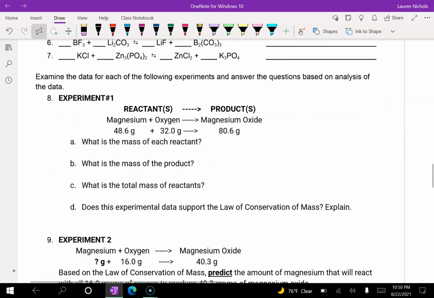And then in this part, okay, you're going to answer the questions about each experiment. Pay attention to if you have your reactants and your products, remember that according to the law of conservation of matter, the reactants mass must be equal to your products. And so you can set this up as kind of a reaction.